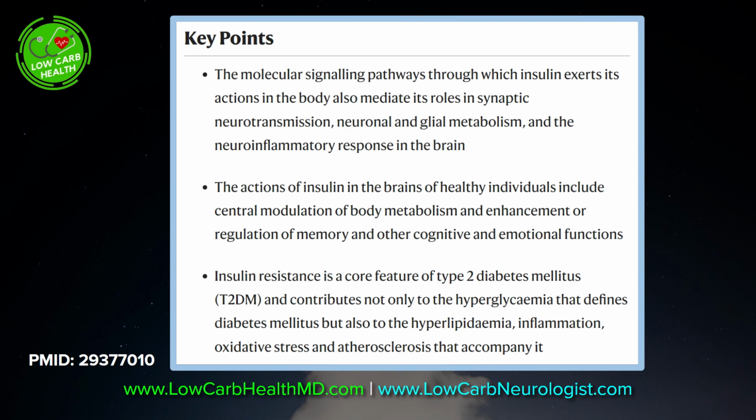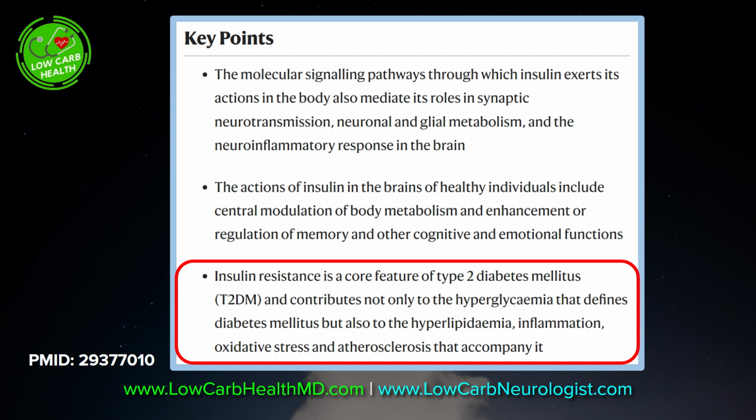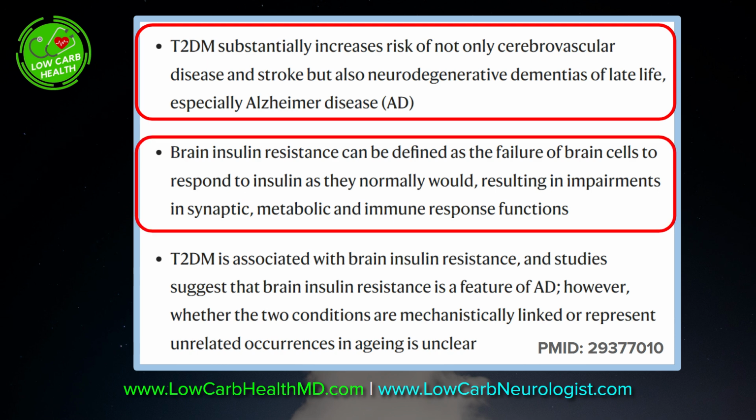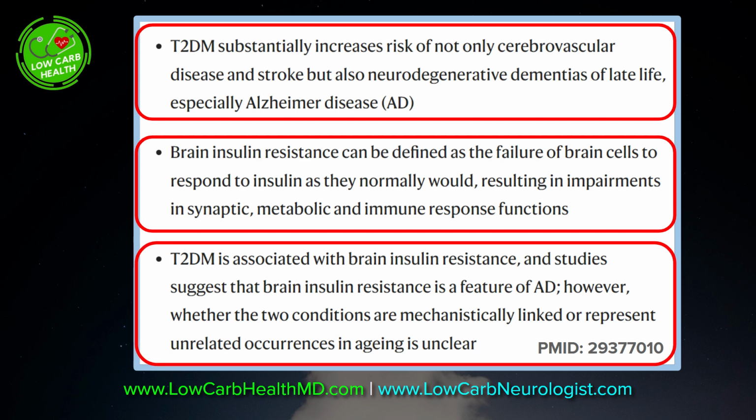It states here that type 2 diabetes increases the risk of dementia and stroke. Brain insulin resistance is a significant contributor to this, and type 2 diabetes is significantly associated with this also.